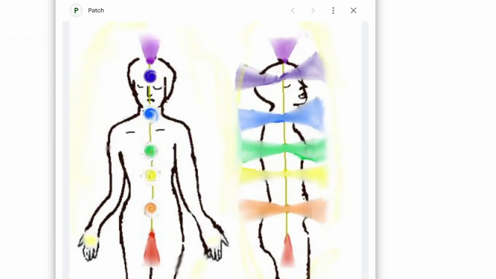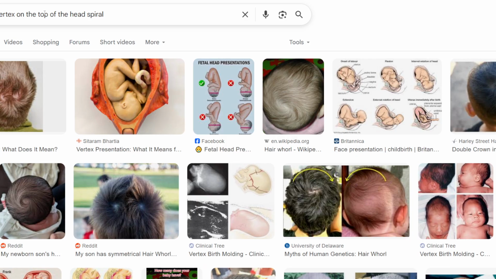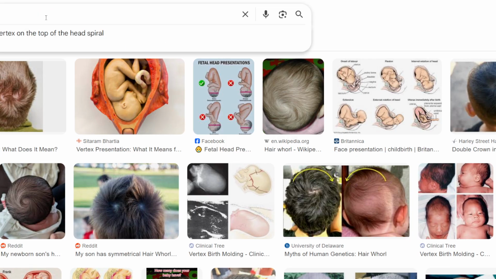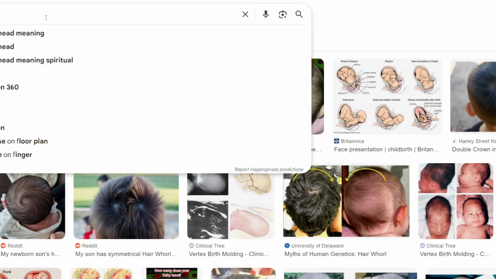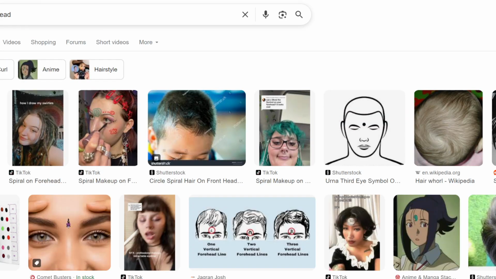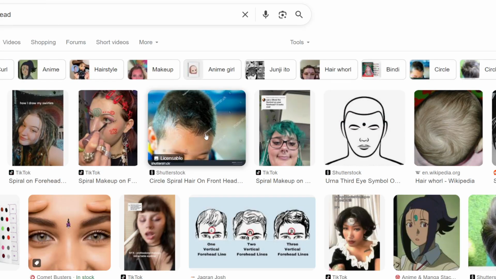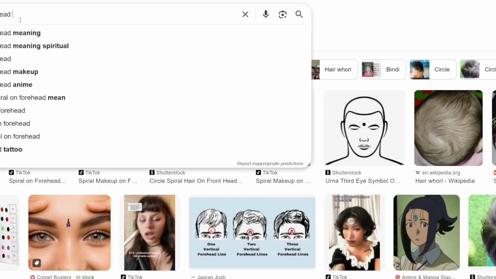I can search images for that also. Spiral on forehead. Okay, some people have that also. So the position of this spiral is different in different people. Most of the people have a spiral on their center area, and some have it in their upper area. But this is all dependent on the individual human.